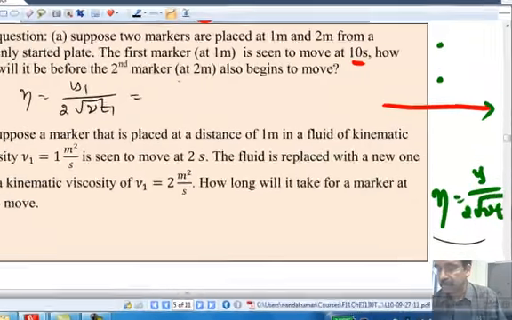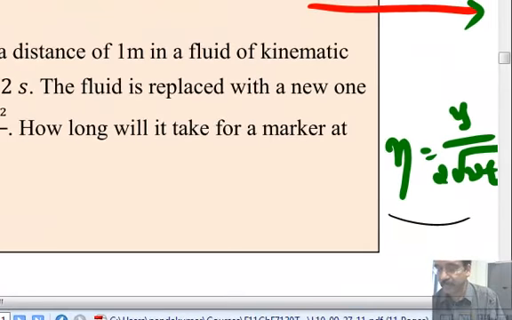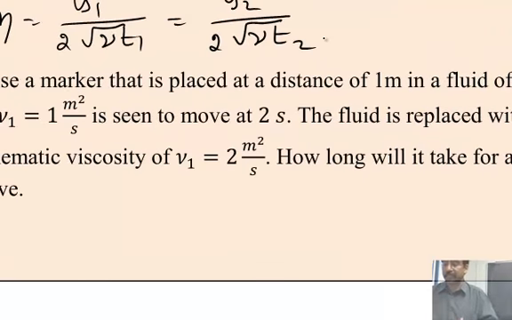So if I take another position, y2 divided by 2 square root of mu t2. If the ratios of these numbers are the same as eta, then the velocity is the same. Now what we are saying is I want the velocity to be the same in the sense it just begins to move. So at the first instance, this velocity just begins to move.